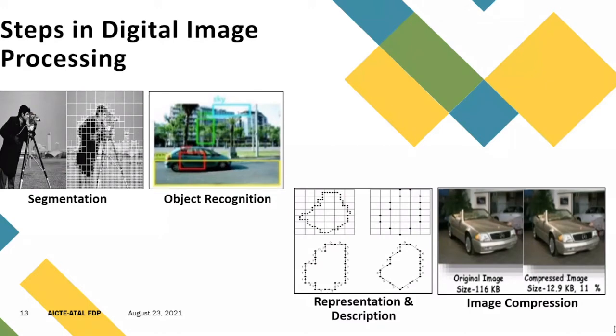Suppose you have taken the image of a scenery. In that scenery, there are 4 flowers, 2 cars, 3 balls. So now segmentation can be done on the basis of flowers in one category, balls in another category, cars in another category, and the remaining in another category. That is what segmentation is.